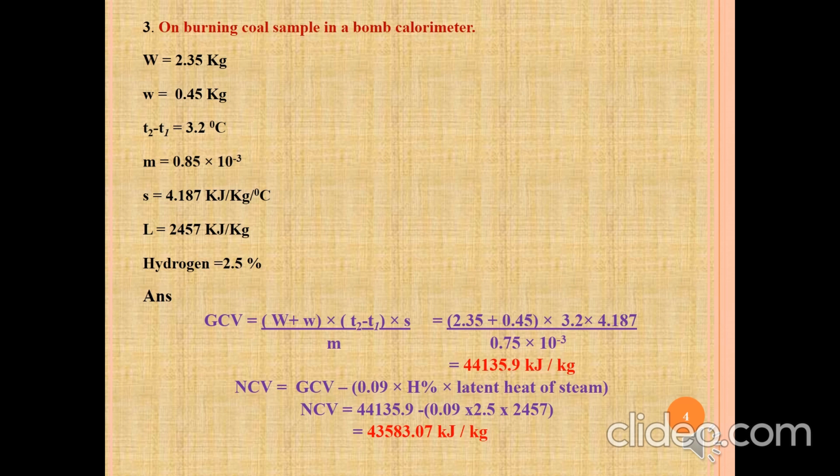After substituting to the formula, we are getting the GCV value as 44,135.9 kilojoules per kg.